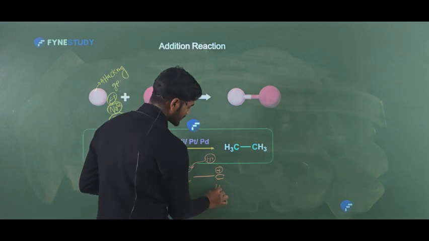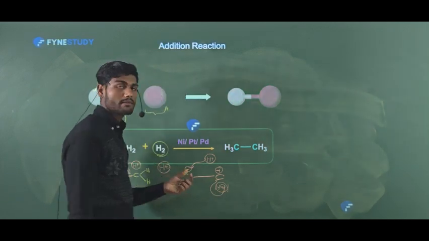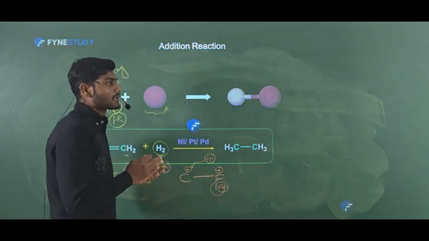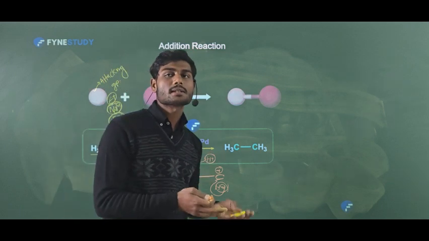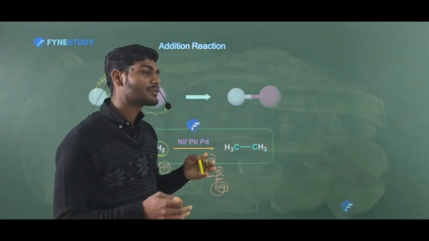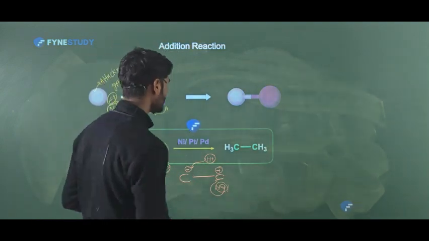So that H minus will approach this carbon, because this hydrogen is having excess electrons and this carbon is having fewer electrons. So the species which has excess will donate, and it will find the species which is deficient, and both will approach and form the compound.